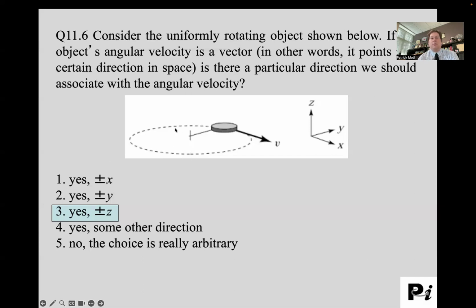As this puck is circling around, it is keeping a constant direction of being in the xy plane. Okay, and so let's see how we can ascribe this velocity in terms of the angular velocity.